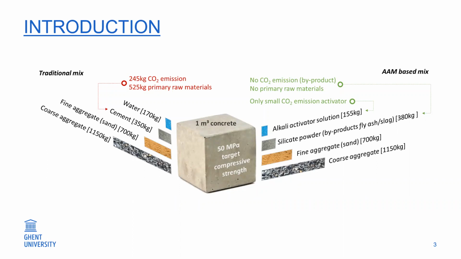Alkali activated materials, which are known as clinker-free cement, have received great attention in recent years due to their lower CO2 emissions, lower energy consumption, and equivalent hardened and durability properties compared to ordinary Portland cement.